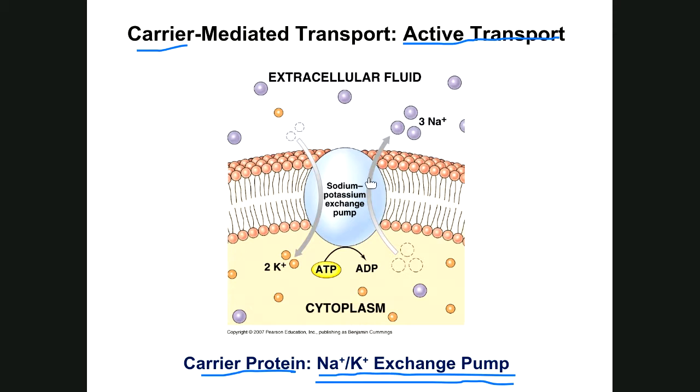So now we're talking about a type of carrier-mediated transport that is called active transport. It involves a carrier protein that is actively going to move sodium ions and potassium ions across the cell membrane, except when it moves the sodium ions, it's moving them from the ICF into the ECF, where there is already a high concentration of sodium.